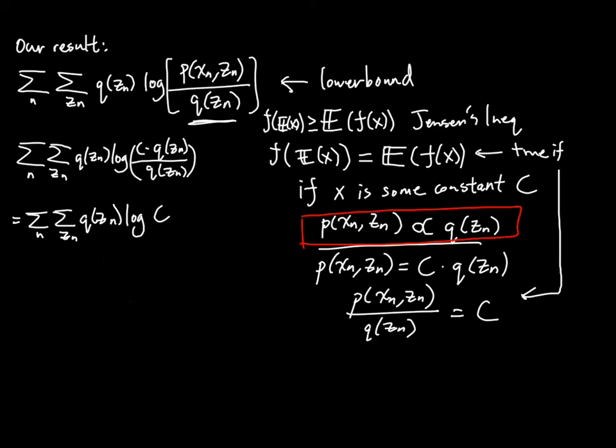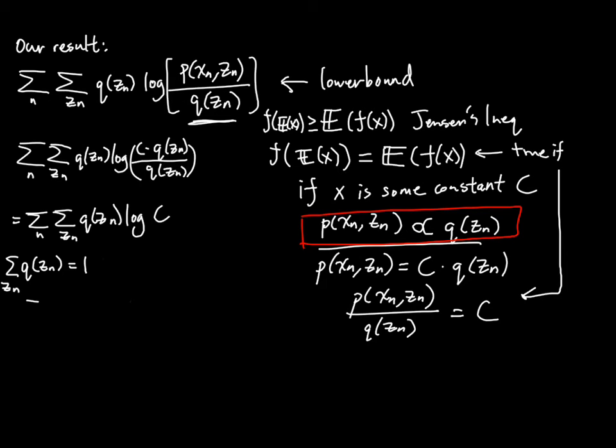Before I go on, Q of zn is a probability mass function or probability density function, so Q of zn must add up to 1. If it's proportional, then the sum over zn of Q of zn is equal to 1, and Q of zn is some constant times P of xn zn.